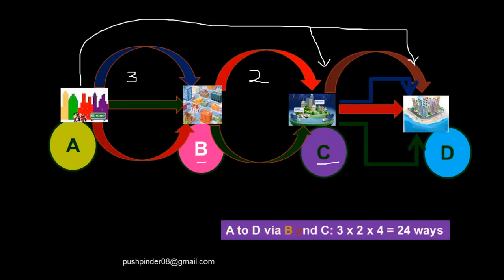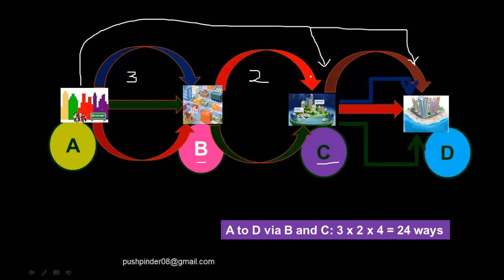I hope everyone is understanding my point here. What I'm trying to prove is that if event A can be done in m ways and B can be done in n ways, then both the events together can be done in m into n ways. So you understand the logic behind that.